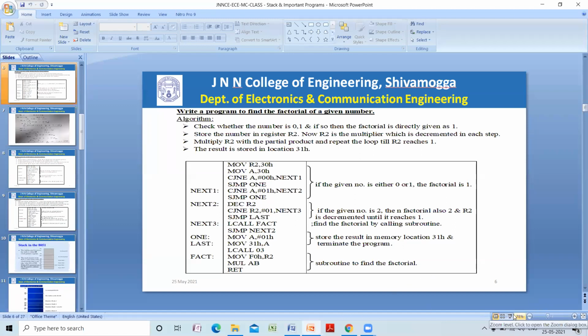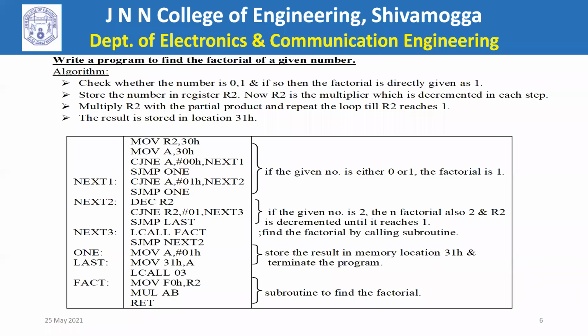The first program is to find the factorial of a given number. Write a program to find the factorial of a given number. You have to execute this also in the lab. Check whether the number is 0 or 1, and if so, then the factorial can be directly given as 1.